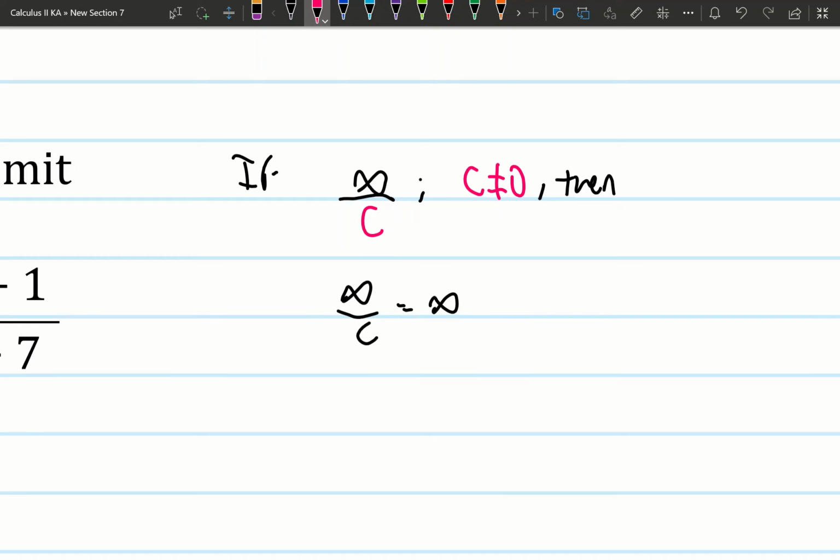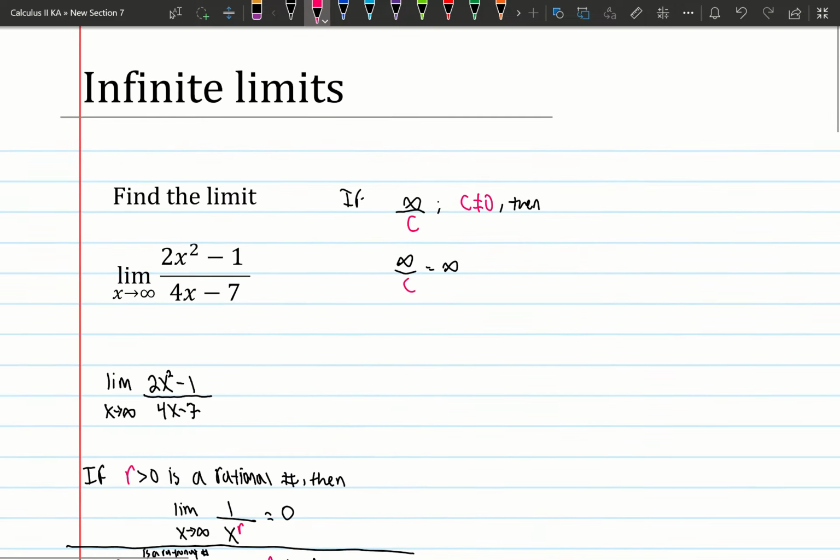And that's something I did not know. Maybe I learned it when I was in Cal 2, but I must have forgotten. But this is what we're going to use as well, this kind of terminology here.